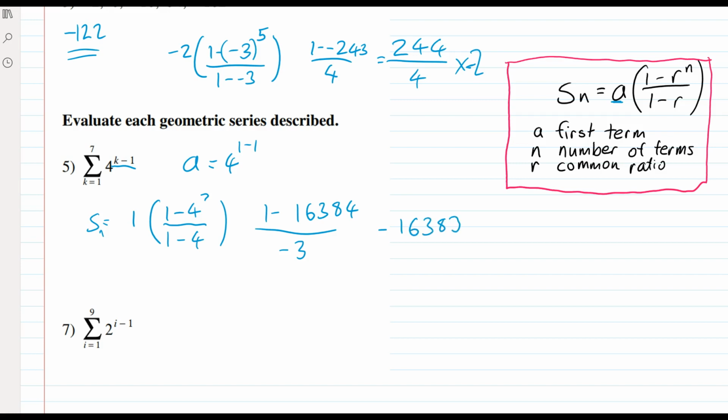I got rid of the timesing by 1 because it's pretty much just 1. Okay, that goes over minus 3. The minuses cancel. And I end up with 5,461.